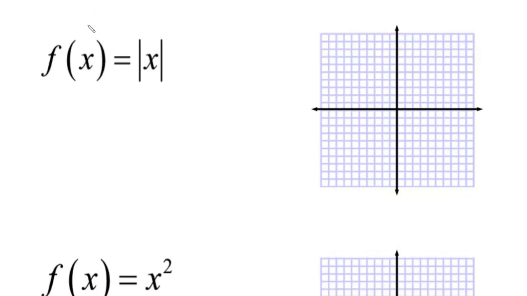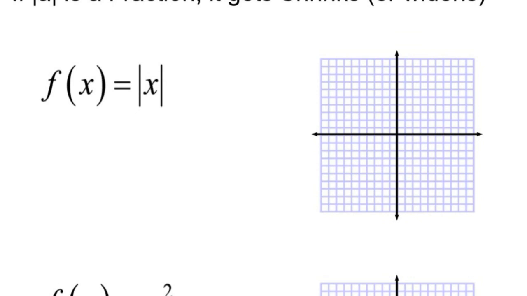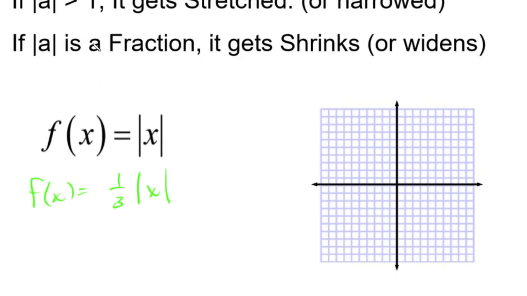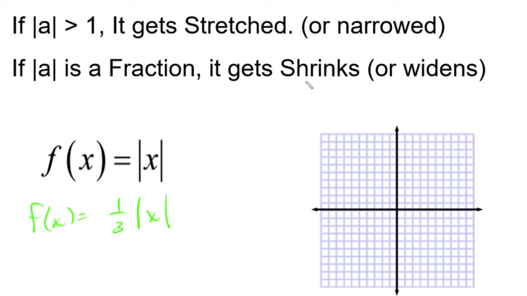So what that looks like, whenever you see it in a problem, is something like this. It's your function type with a number being multiplied by it. Since a is a fraction, it gets shrunk or widened, right?